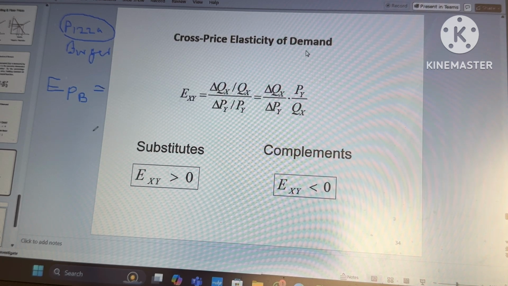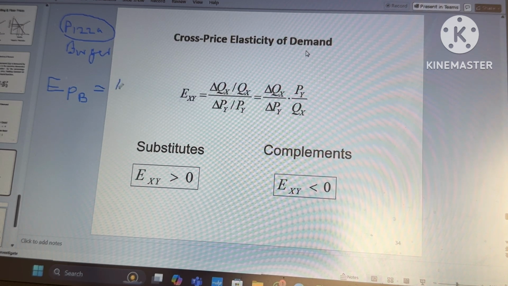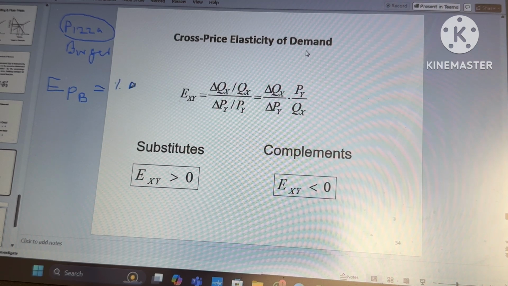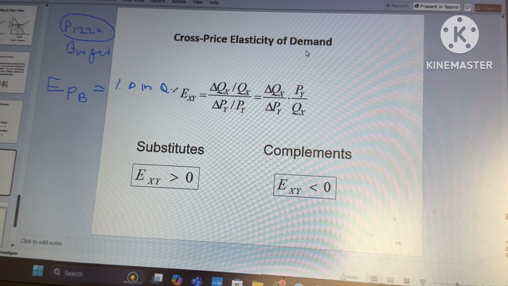Then how can you write the formula? Percentage change in quantity demanded of what product? Pizza. Let's put QP to understand it.